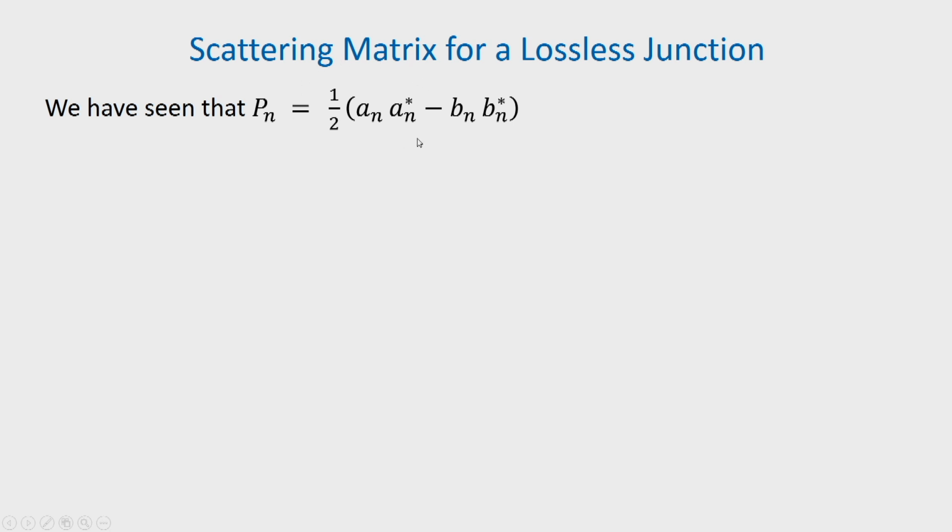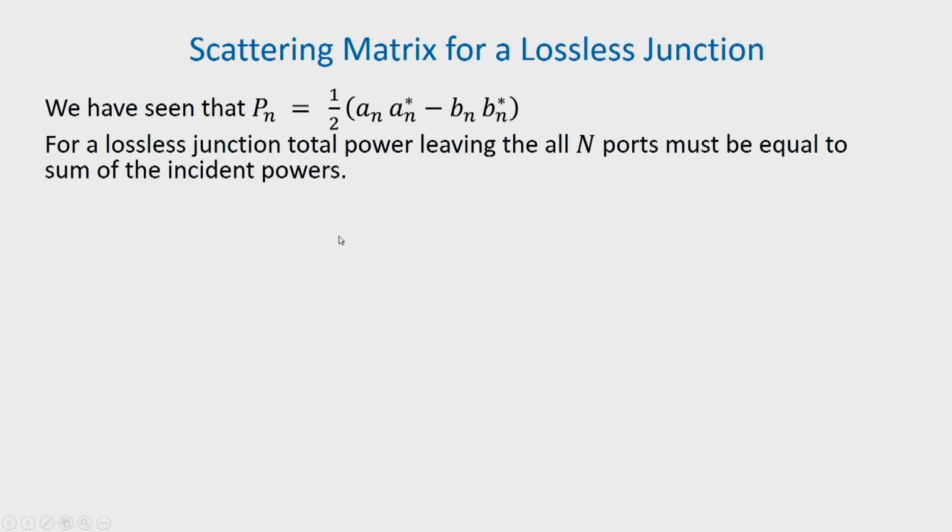This is the incident power and this is the reflected power. So, when the junction is lossless, total power leaving all n ports must be equal to the sum of the incident powers, and we will have sigma P n equal to 0, and from there we can write summation of B n conjugate is equal to summation of A n conjugate.